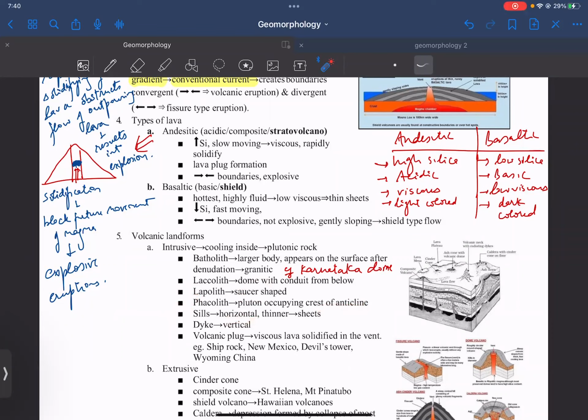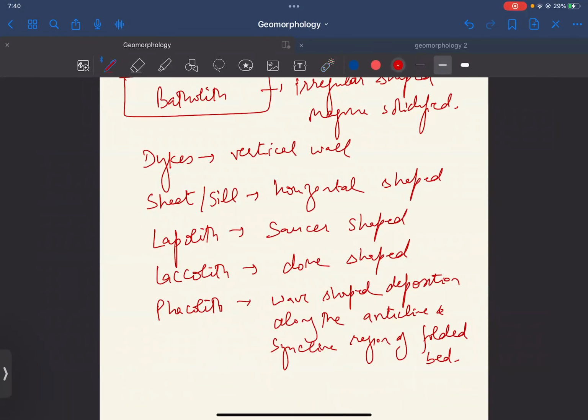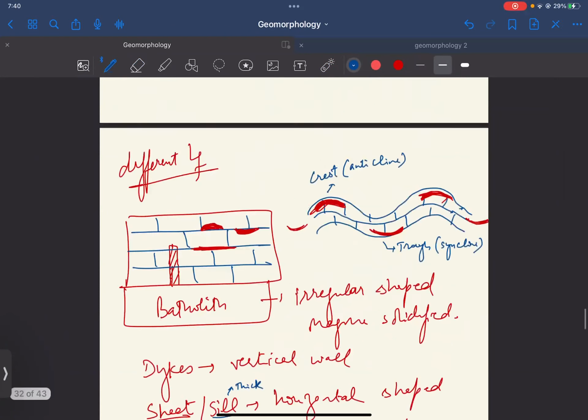Now the difference between sills and sheets: sheets are thinner, sills are thicker. That's it. They all are sheets. Sheet is thin, sill is thick. Just keep this in mind. Both are horizontal shape.